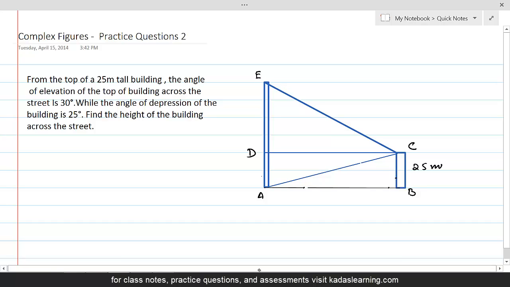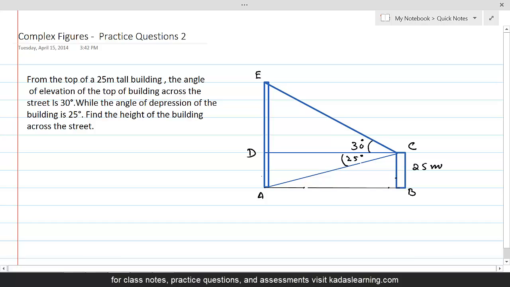The angle of elevation of point E, the top of the building, is 30 degrees. So let's draw this angle of 30 degrees, and the angle of depression of the foot of this building is 25 degrees.